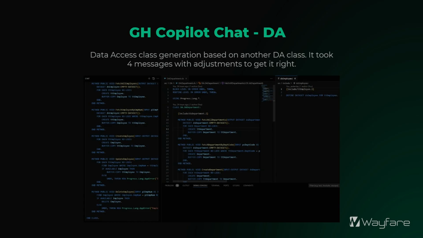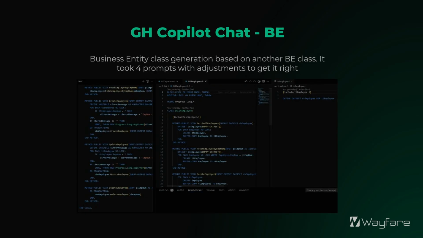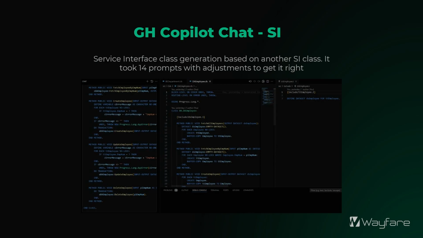So we refined it, hey, you missed this part, this is important, include it also. So we needed 4 other prompts for it. For a business entity class, we also have 4 other prompts because the code is getting bigger and bigger, the number of characters is increasing, and it starts to miss obvious things.